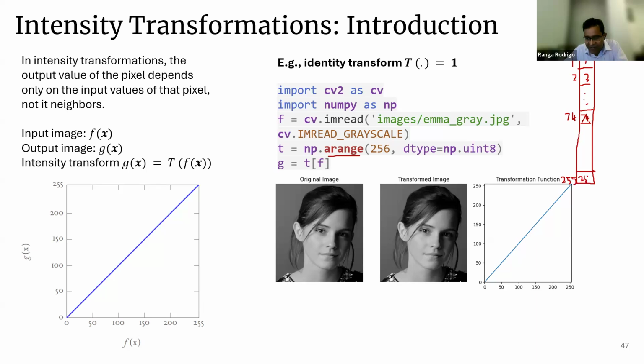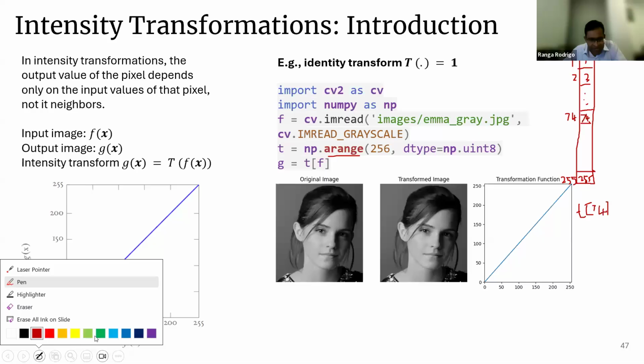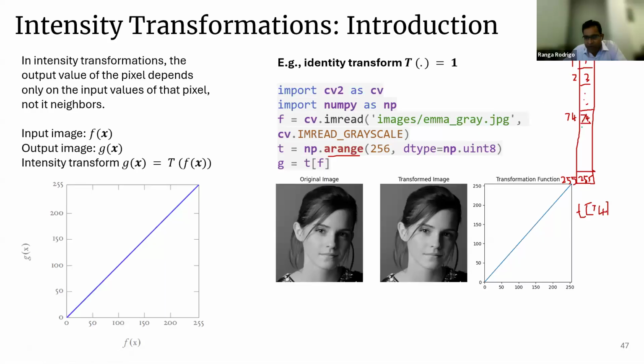That is that array. An array is a placeholder that can be accessed using an index. So in this array, if I say T[74], if I index it with the number 74, it will spit out the value at location 74. It will notice that at 74, I have 74, and that will be spat out.